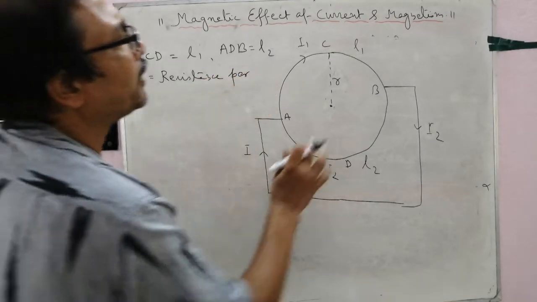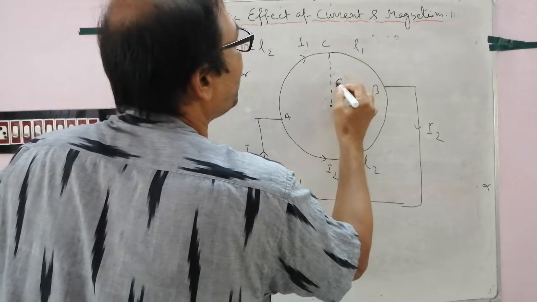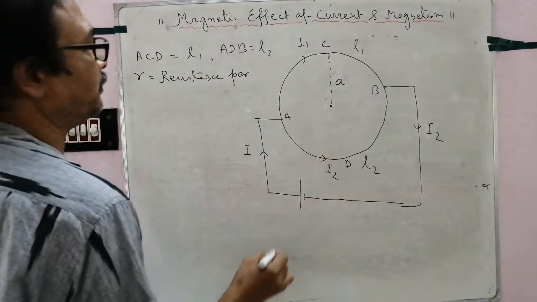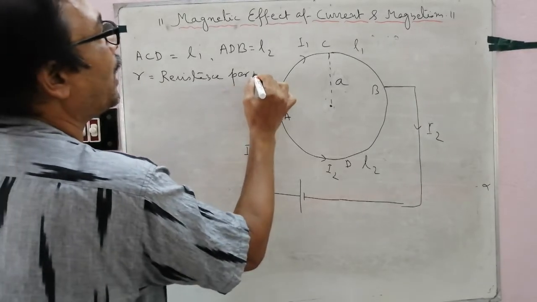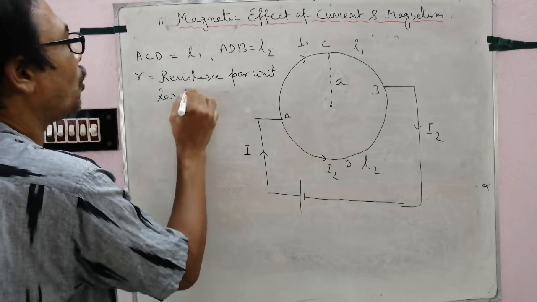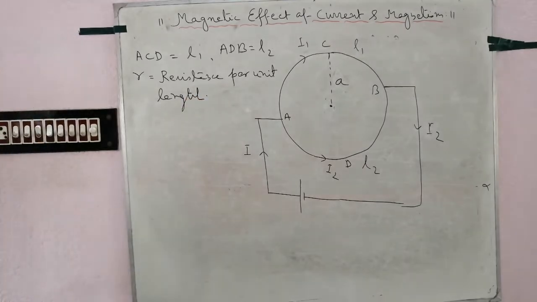The radius of the wire may be considered A, and R the resistance per unit length of wire. Clear?